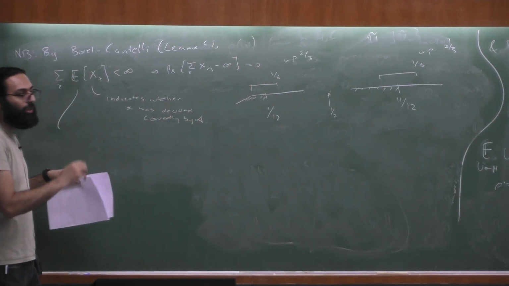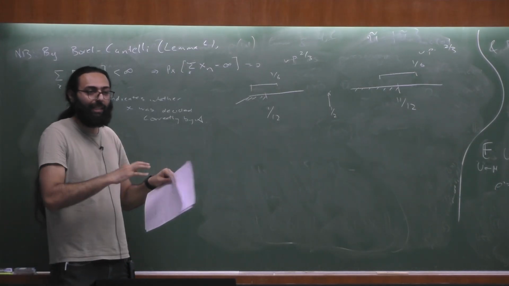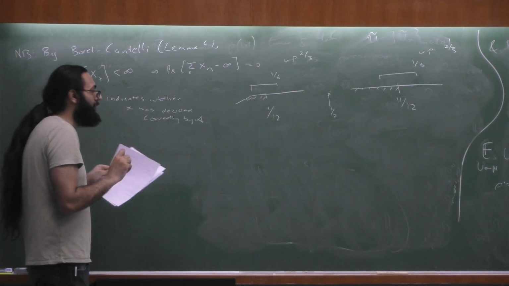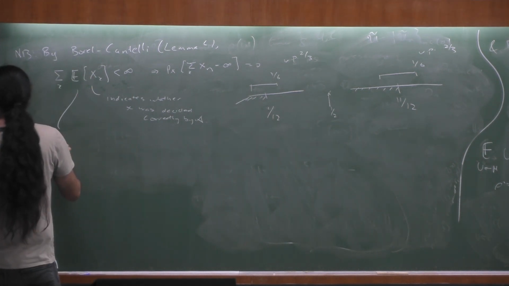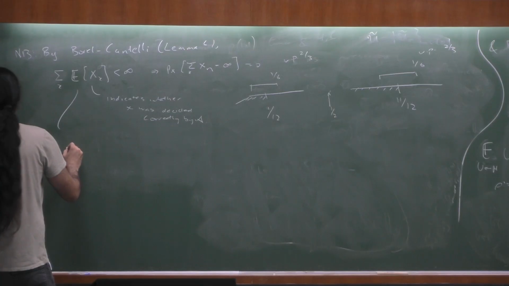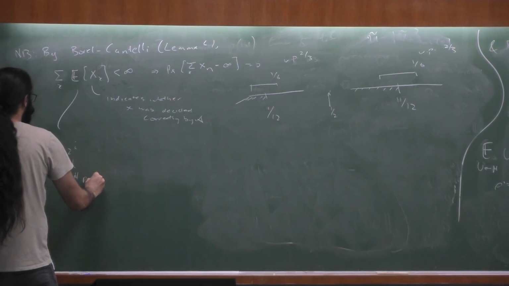Which means that the algorithm fails only on finitely many instances. That cannot scale with n, so it cannot be unbounded. And what was this expectation? This expectation is the expectation that this would fail, right? So the expectation would be to the i, where this is the number of possible instances.